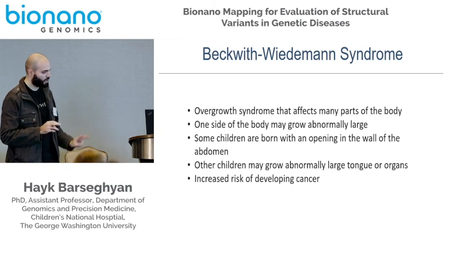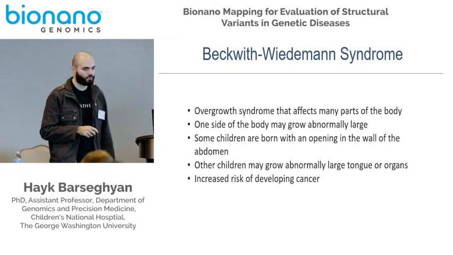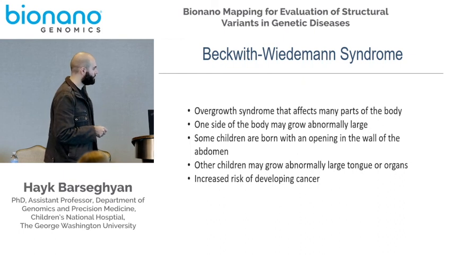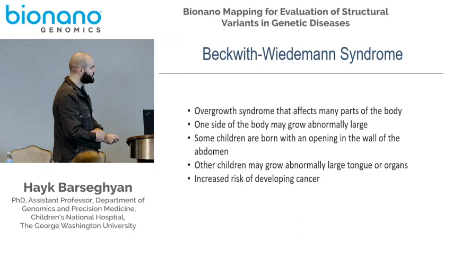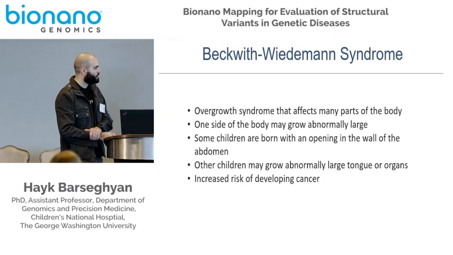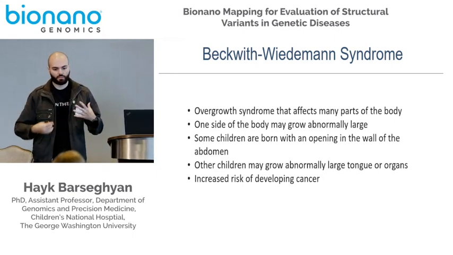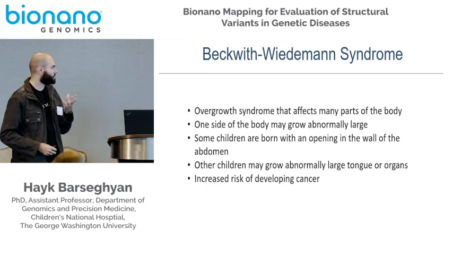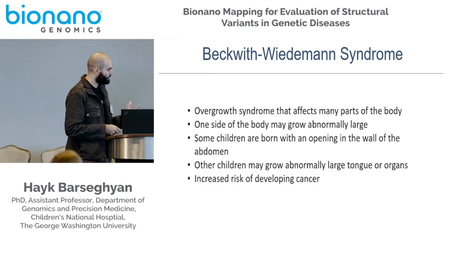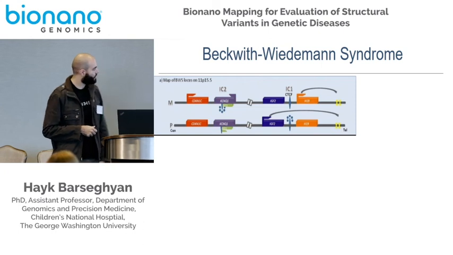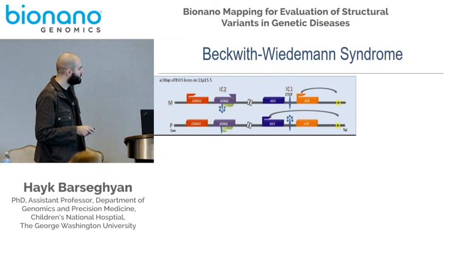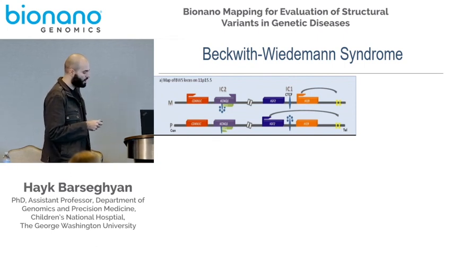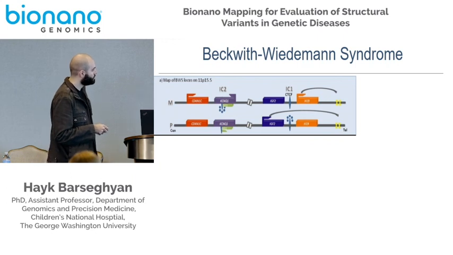And then the last case I'll talk about is Beckwith-Wiedemann syndrome, for the imprinting of the paternal allele. Beckwith-Wiedemann syndrome is an overgrowth syndrome that affects many parts of the body. Some parts may grow abnormally in terms of the size of the organs, or you might have a larger tongue, and increased risk of developing cancer. If you don't know how this works, you have a maternal allele and a paternal allele, which have 2 regions with imprinted methylation sites, IC2 and IC1.